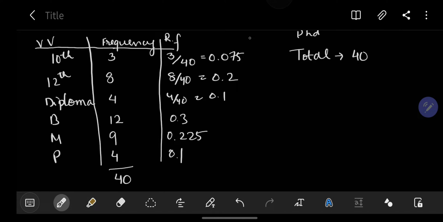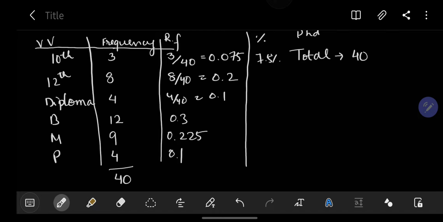We can even calculate percentage, which would be here 7.5%. We just multiply it by 100. Multiplying by 100 means that if there were 100 students in the long run, we can say 7.5 individuals would consist of 10th standard.